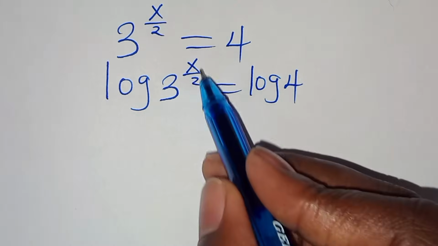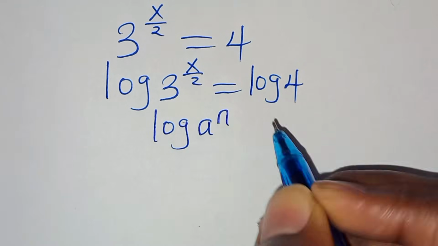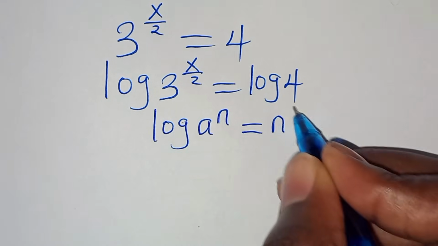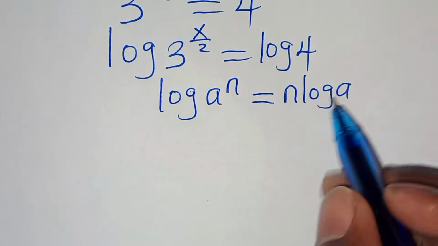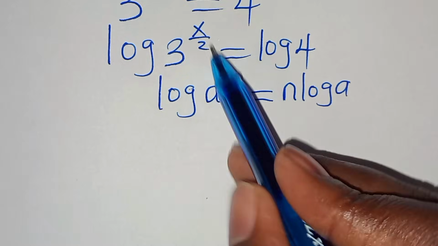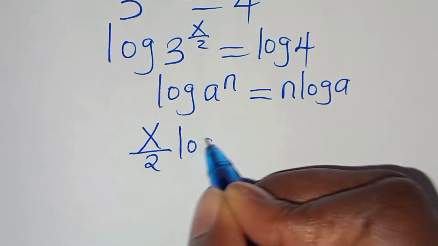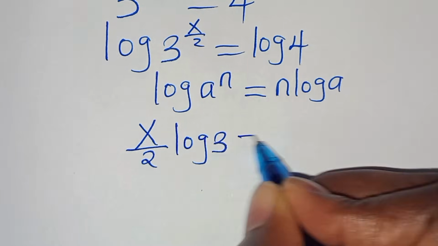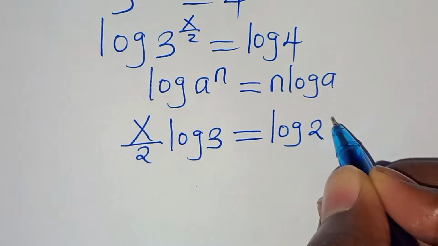Now, log 3 to the power of x over 2 is in the form of log a to the power of n, which we can express as n log a. Applying this property, log 3 to the power of x over 2 becomes x over 2 log 3. This is equal to log 4, which is log 2 to the power of 2.